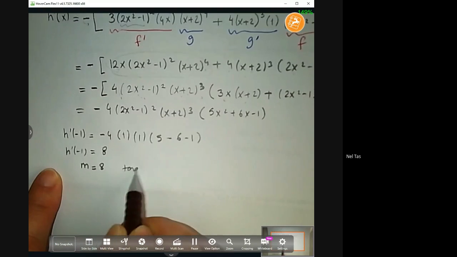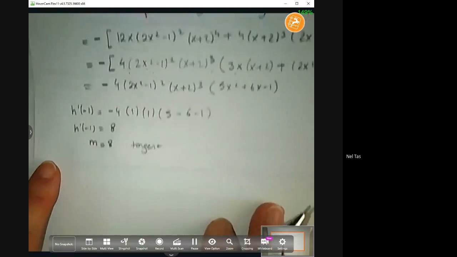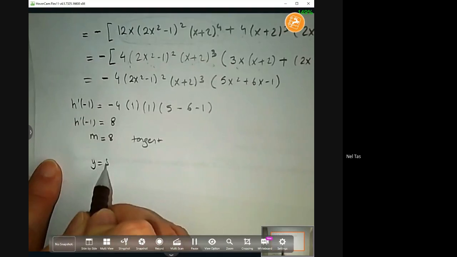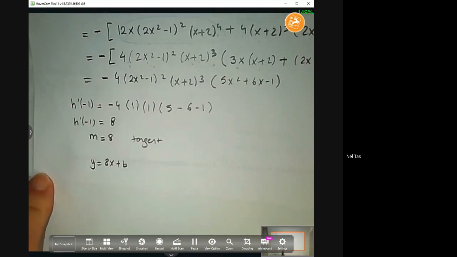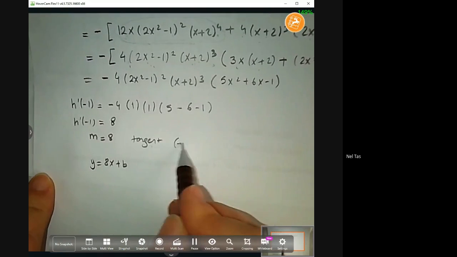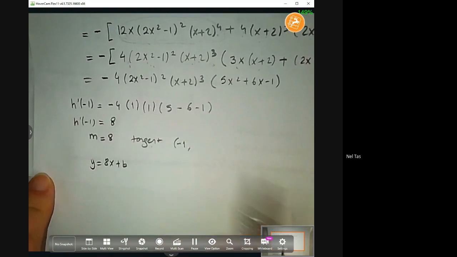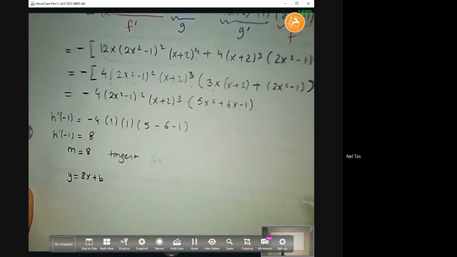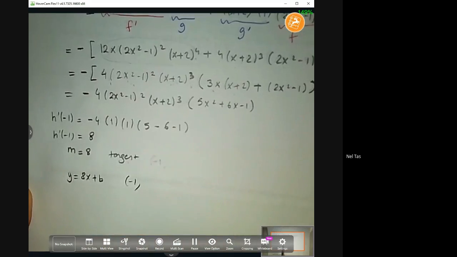So we need to write the equation of the tangent. So y equals 8x plus b. Therefore we need the point of tangency. The x coordinate of that point is -1. Now we need to find the y coordinate of the point, so we need to use the original equation to sub in.